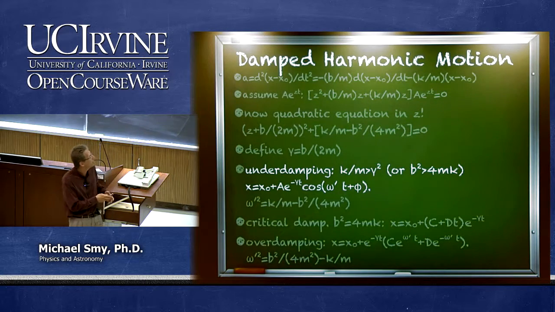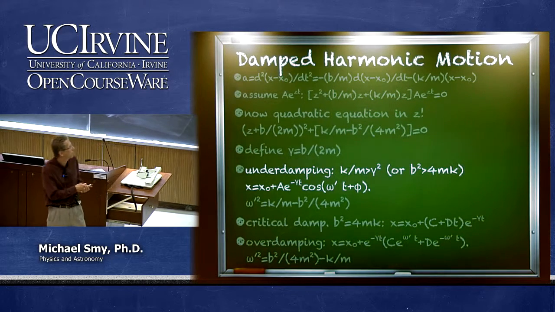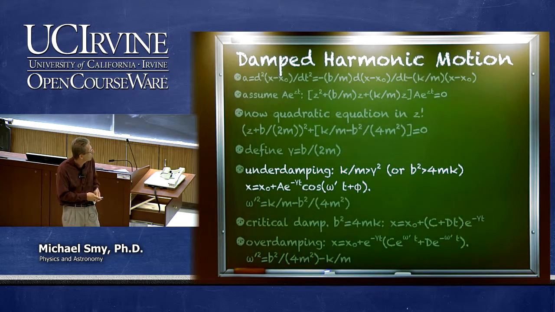And now we can see the 3 different cases. If this number here is negative, then the quadratic equation has solutions, and we are in the overdamping case. And that means that we can define some quantity that is the square root of the negative of this one.